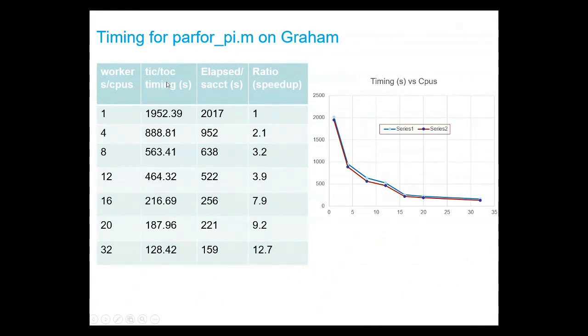And on tic toc, you will get a little bit better. So that's basically it for this example. So you can say the speed up is pretty much 50%. That's something good for you to keep in mind.